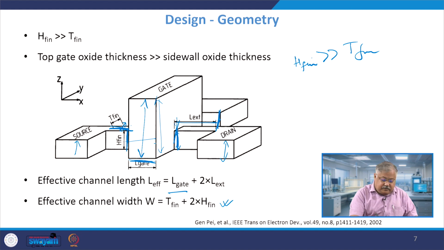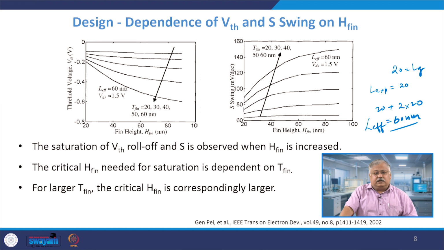So I am increasing this T fin, and as a result you require a larger gate voltage in order to form the channel there, and that is the reason threshold voltage will go on increasing as you move from a lower value of T fin to a higher value of T fin. That is what is being shown on the left hand side.